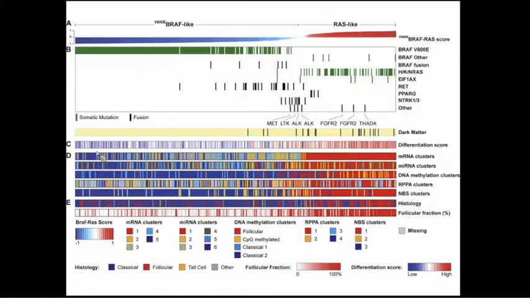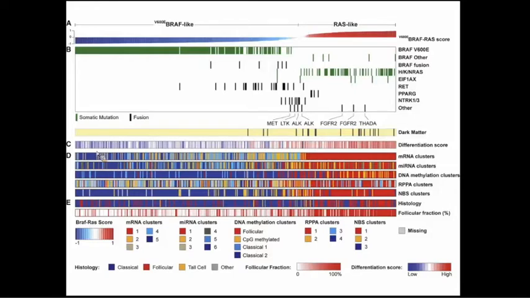Now, this is based on gene expression profiling of tumors that resembled more a BRAF tumor, whereas those that resembled more a RAS mutant tumor. And this is called the BRAF-RAS score. And essentially, it's a marker of the output of the MAP kinase pathway, with it being highest in BRAF mutant tumors and intermediate in RAS tumors.